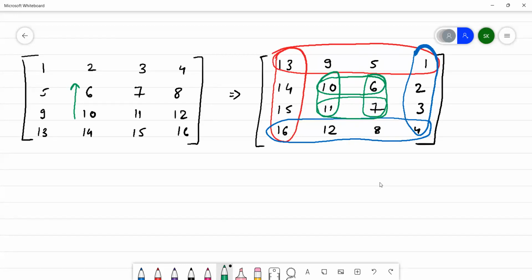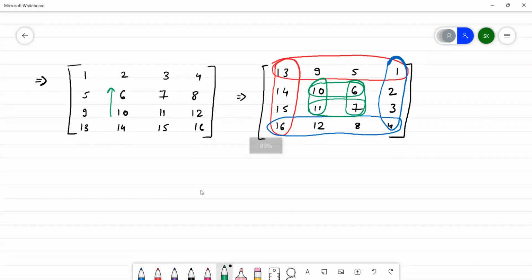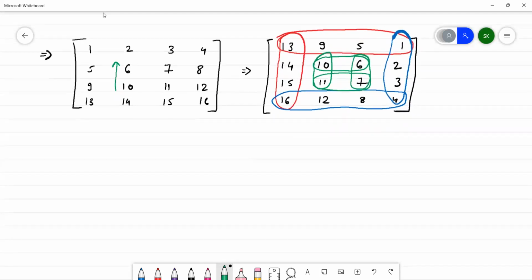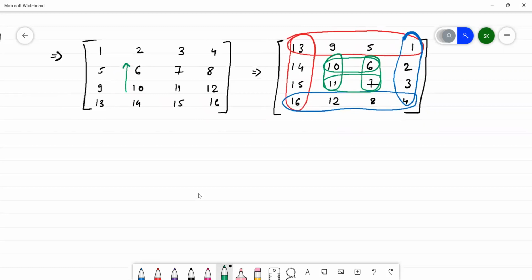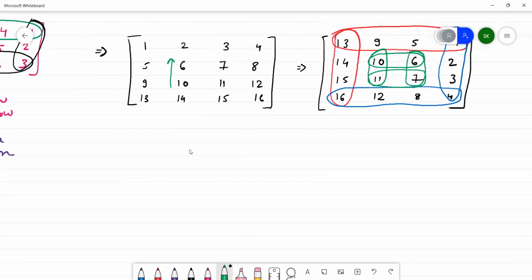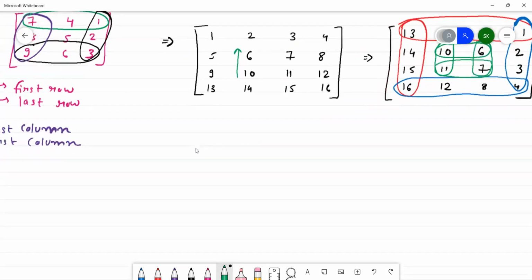Basically, in this particular matrix, two cycles are being followed. Yes or no? So for rotation purpose, how many cycles do we need? I'm assuming that it is a square matrix.